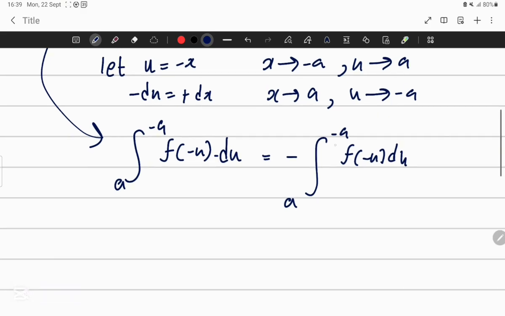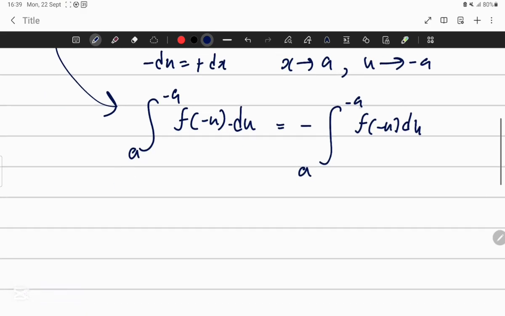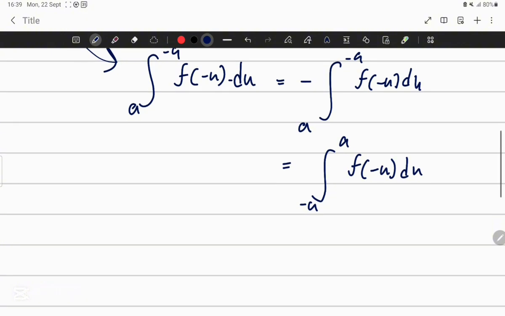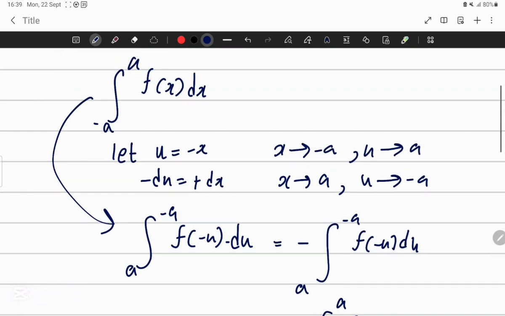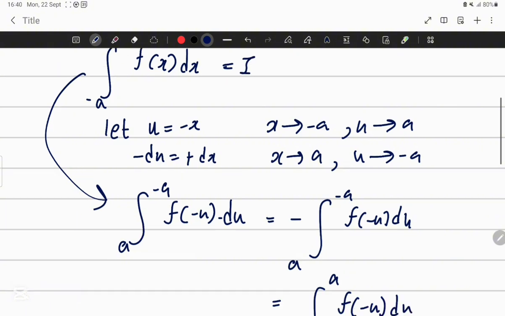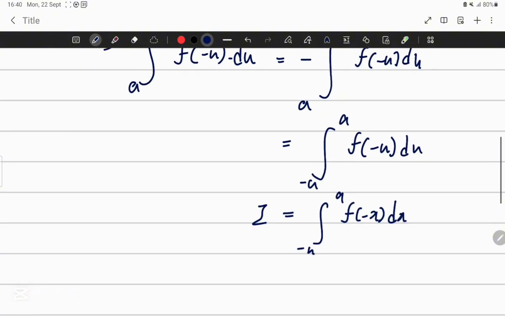Now I can switch the limits, so this is the integral from -a to a of f(-u) du, which is basically the integral from -a to a of f(-x) dx, right? This is I, right? Let's say this is I, so this is also I, right?